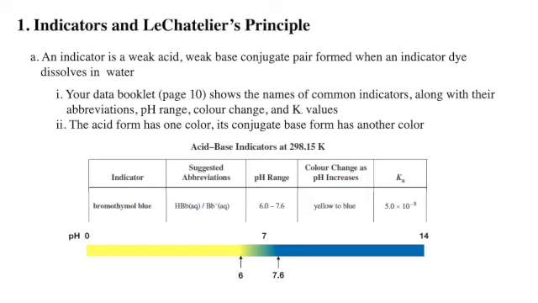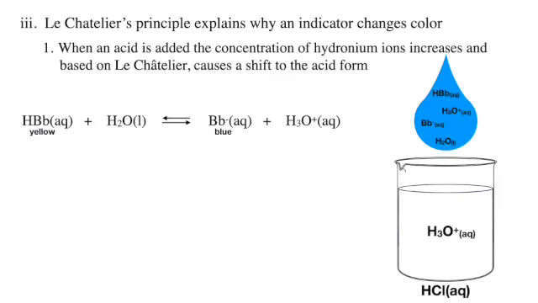From 6.0 down, it's yellow, and from 7.6 up, it's blue. Right in the middle, it'd be green-ish, okay? HBB itself is yellow, and the color of BB negative is blue. That will make more sense in just a sec.